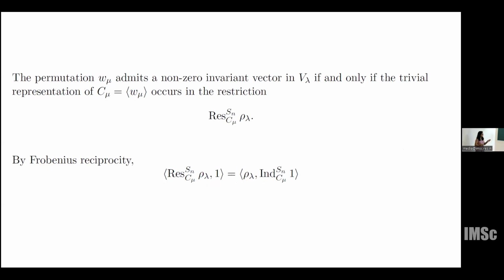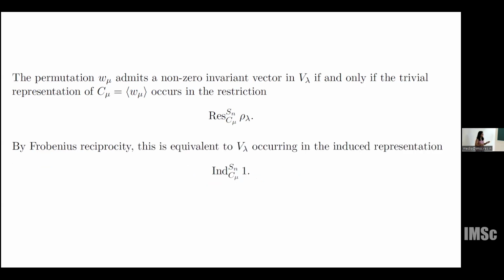So I can rewrite the above statement: there exists an invariant vector is the same as saying that V_lambda occurs in this induced representation, the trivial representation induced from the cyclic subgroup generated by w_mu to S_n.